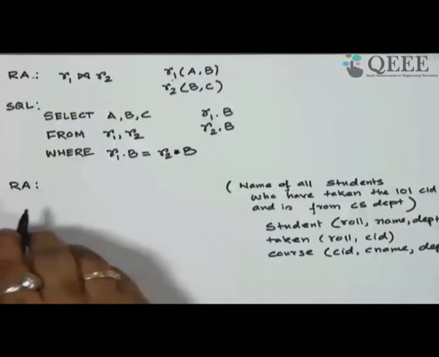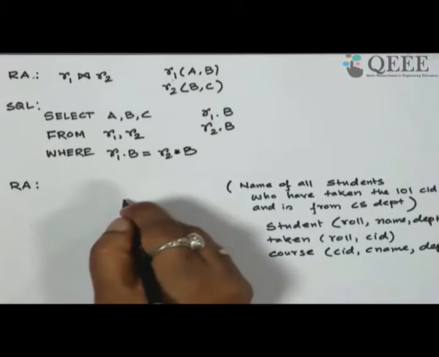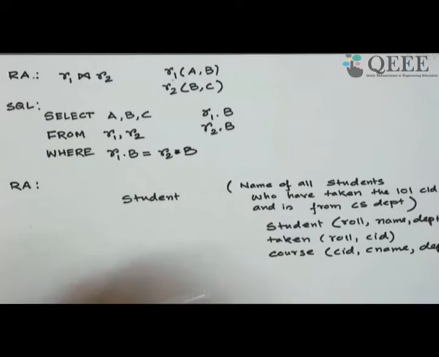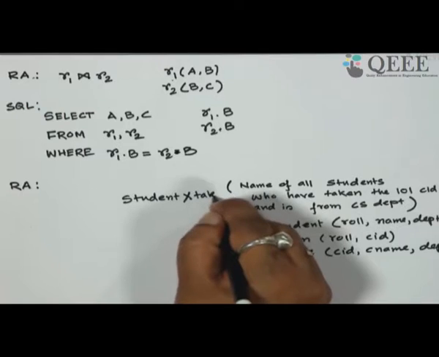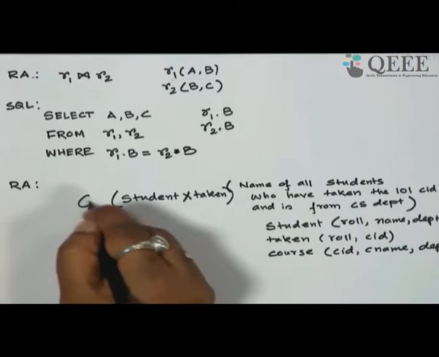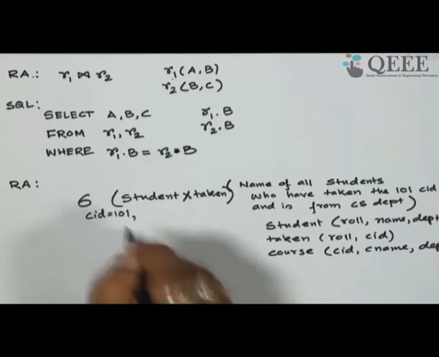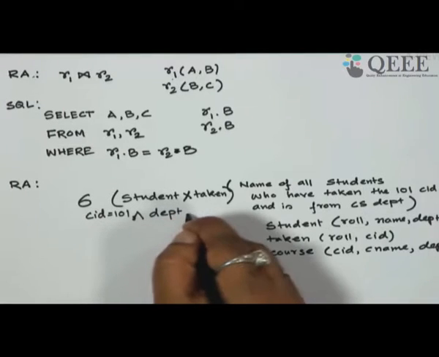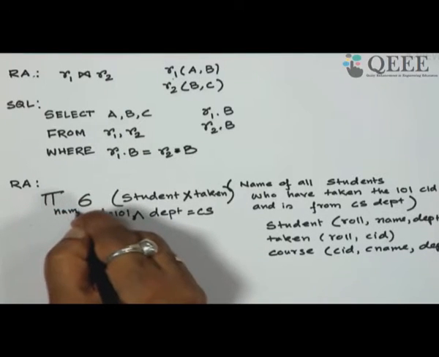Okay, so what is the relational algebra expression? I can write it like this also. I write student cross taken, all possible student versus taken. From that, pick up the rows where course ID equals 101 and student department equals CS, and project this entire thing into name.